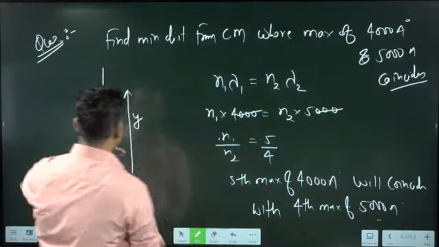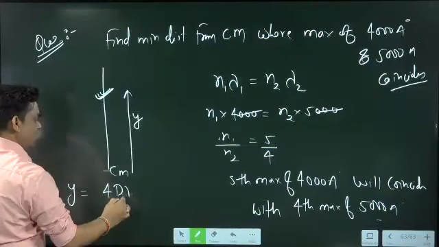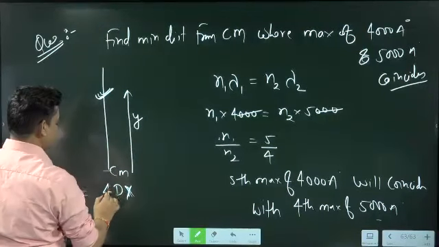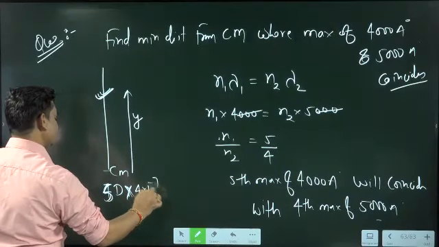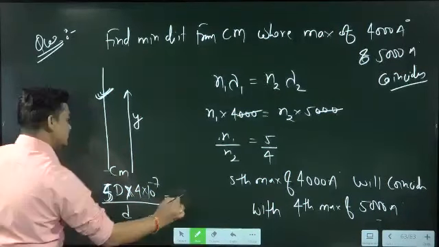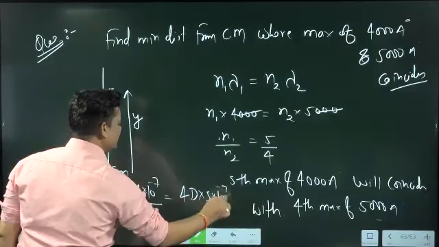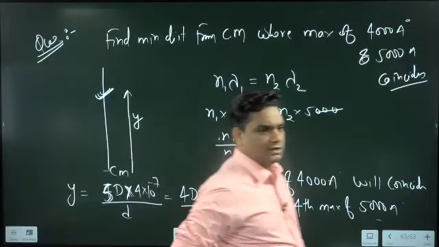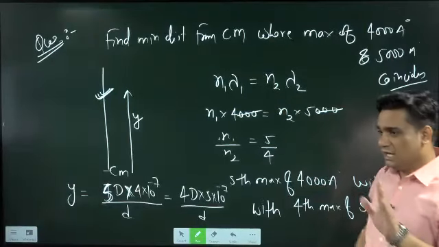So this distance y will be equal to 5 D lambda, where lambda is 4,000, so 5 D into 4 into 10 power minus 7 divided by small d, or you can say 4 D into 5 into 10 power minus 7 by d. Anything you can find, that is your distance here. Clear? Done. Now theoretical things you will read by yourself.